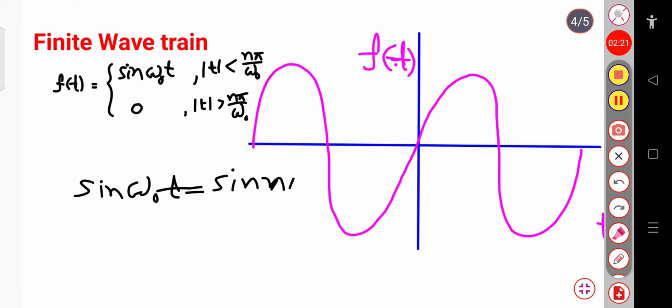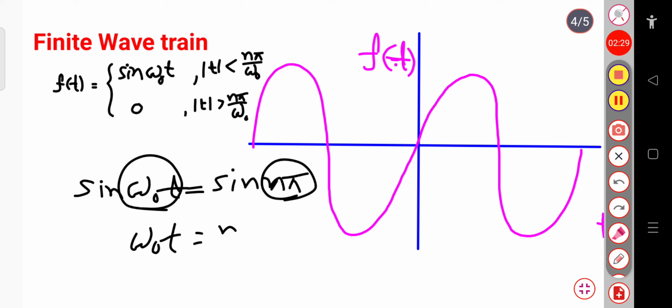Then in this condition we can compare this omega naught t with this n pi. So we can write omega naught t equals n pi, which implies t equals n pi divided by omega naught. So from this condition the value of t comes.